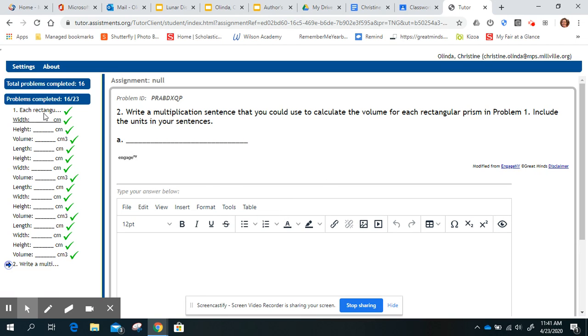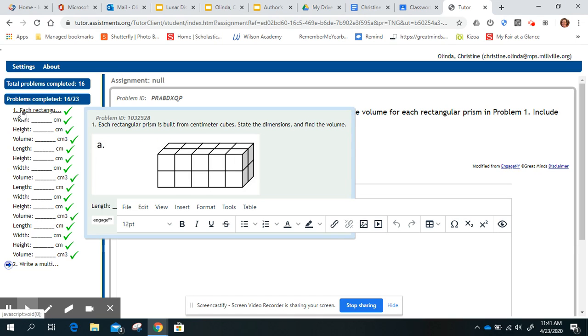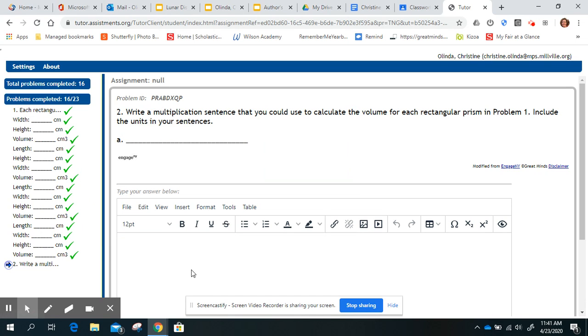And so if I needed to go back to problem 1, I'm not clicking, I'm just hovering. That's 1A, and now I can see the picture. So I'm writing the multiplication sentence I needed to do in order to find the volume.